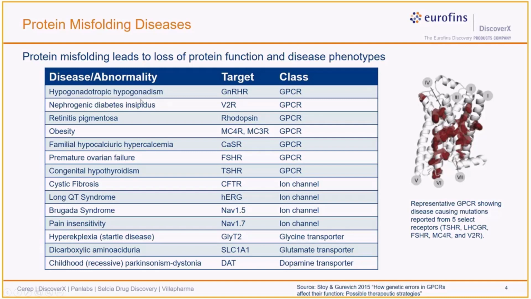For example, let's look at the first one as a GPCR example that leads to hypogonadotropic hypogonadism, which corresponds to male menopause or a loss of or low testosterone. This is linked to a specific mutation in this receptor here, gonadotropin-releasing hormone receptor.